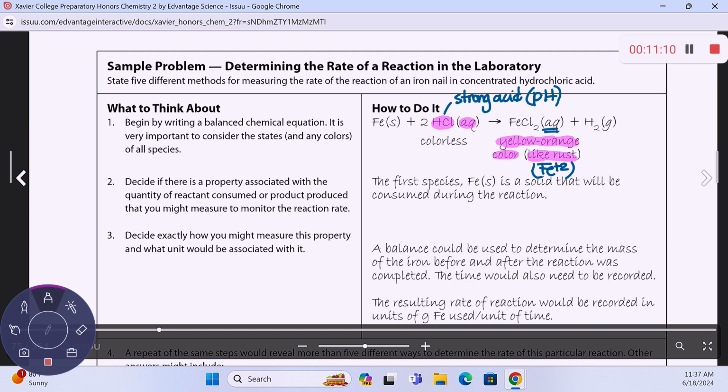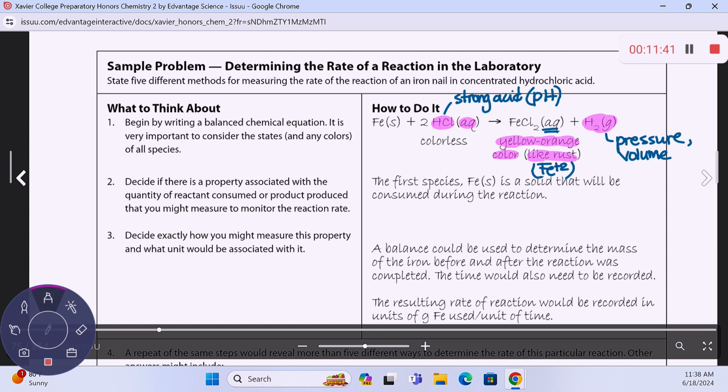Something else that you could do is you've got a gas right here. You're producing gas. What could you measure? Two things. Pressure and what else? Yeah, pressure and volume of the gas. If you had this reaction taking place in an open container and you had it on a scale, you could measure the change in mass over time because you would lose hydrogen gas to the environment, so the mass would steadily decrease over time.